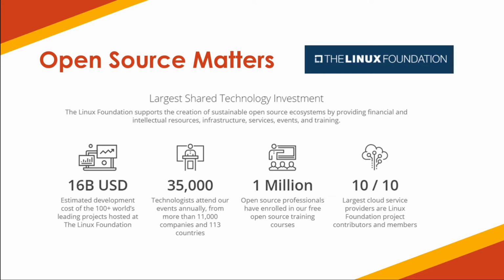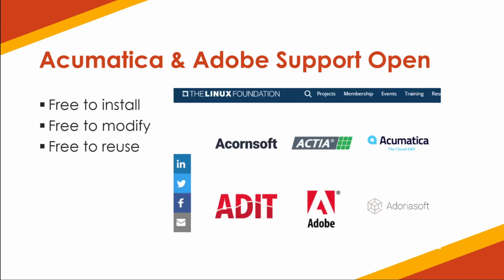And open source matters. There are millions and millions of different platforms that are built on open source technologies. And of course, Magento is open source and it's commercial. And even Acumatica supports many open source initiatives. So you'll see the Linux Foundation here.